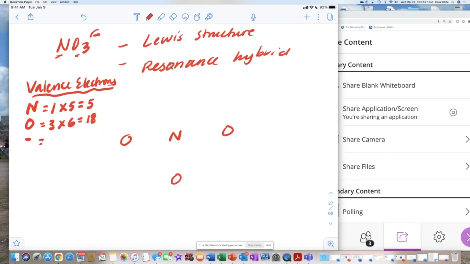I have the extra electron here from the negative charge. This is 1 times 1, essentially 1. When you have a negative charge, that means it's excess electrons. When you have a positive charge, you're missing electrons, so you will subtract. Okay, so I add these.